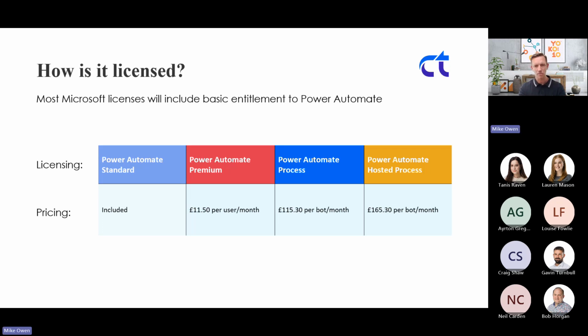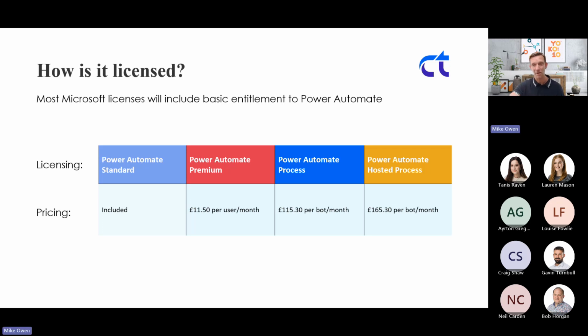We do have the option now of having a Power Automate process license. That is pretty much that service account model, where we know we're going to run this on a regular basis and 50 people receive the emails off the back of it. Rather than having everyone licensed, we might just put this process license in instead.